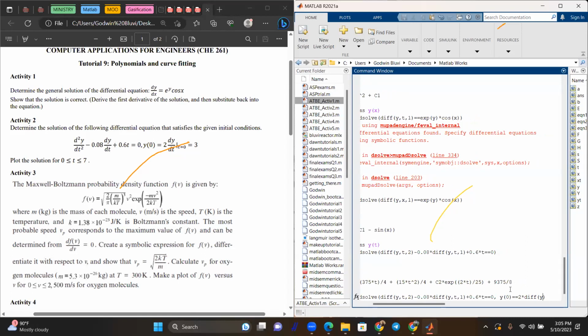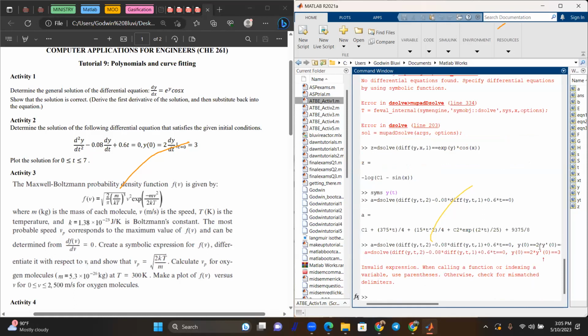So the differential of y comma t, that's the differential of t at 0. Do you understand? Do we get it? So y prime of 0 is equal to 3.